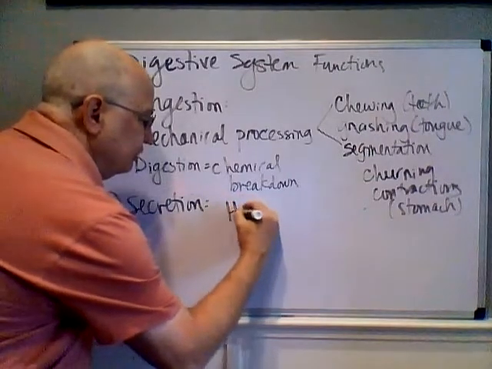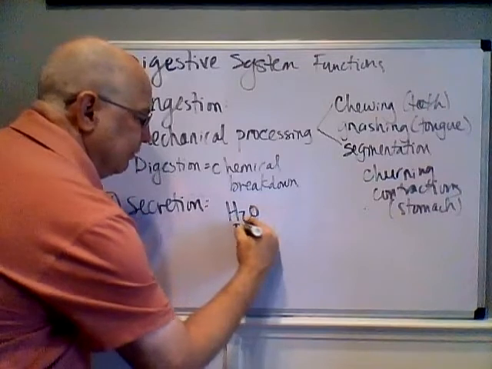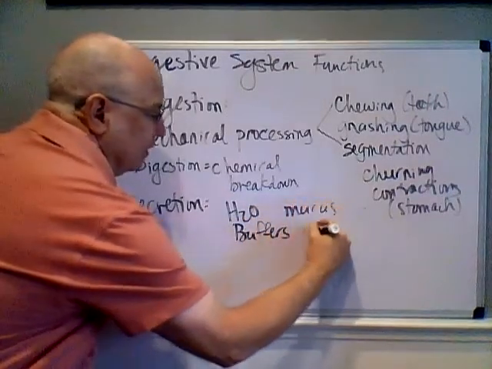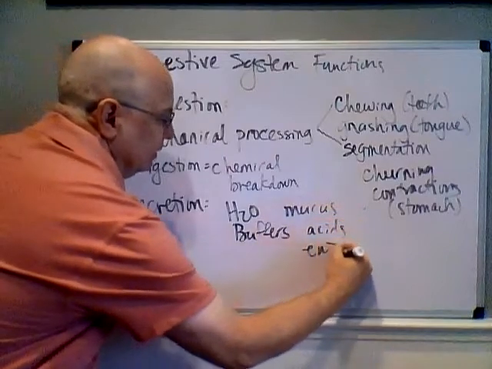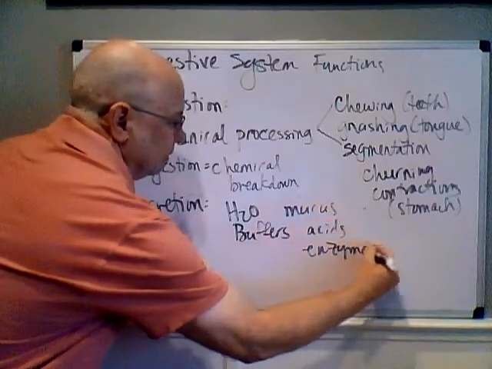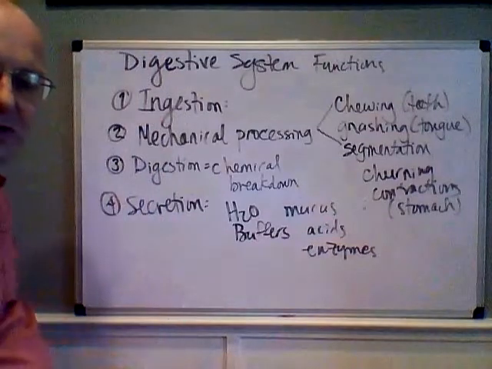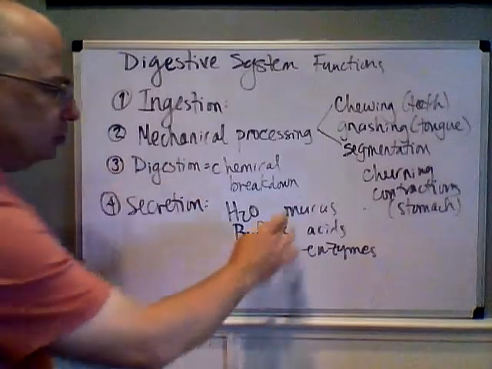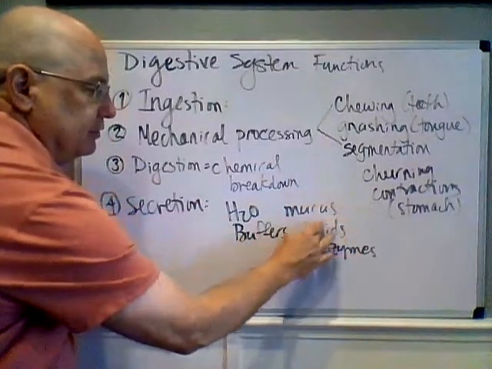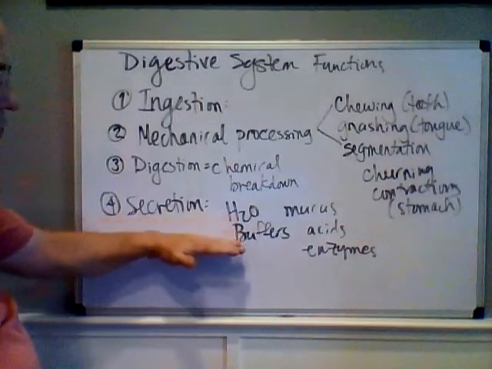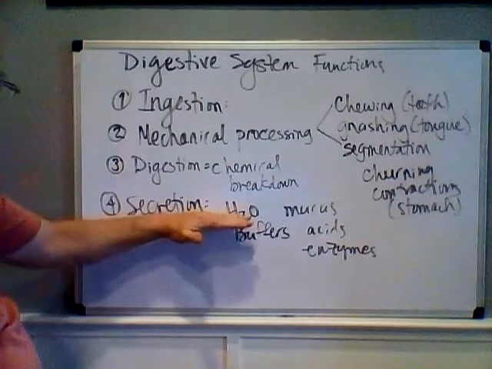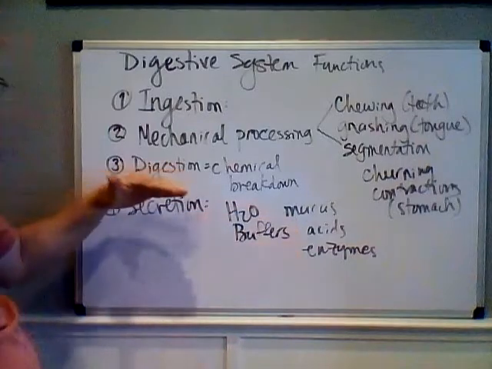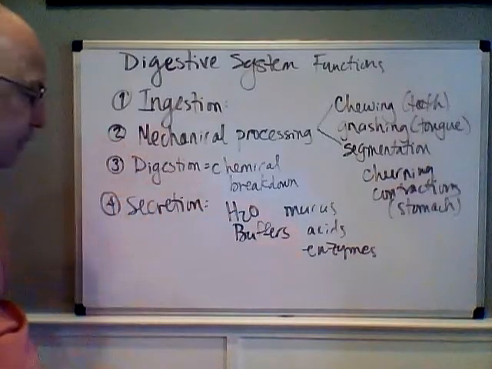The secretions are going to be water, buffers, mucus, acids, and enzymes. Okay? There's even some hormones that are secreted by the digestive tract, but they're not going to play a huge role in digestion, and we'll talk about those hormones when we get to the specific parts of the tract. But these secretions, water, we now know its function, buffers, mucus, acids, and enzymes, all play a huge role in digestion to some degree or aid the digestive process.